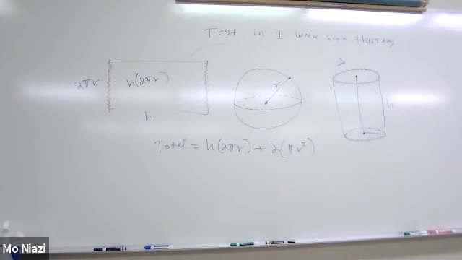So then what you do is you have your 108 pi and your 8 pi h. In order to get that h by itself, you need to divide by 8 pi. Then pi and 8 are multiplying, and then adding and subtracting.